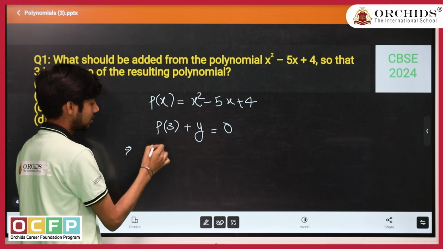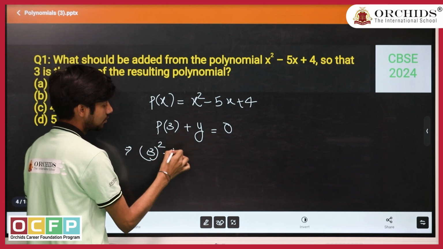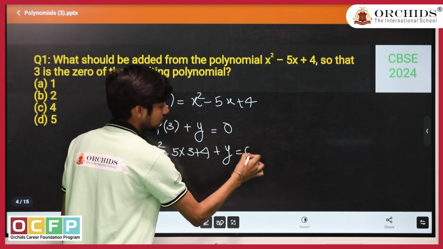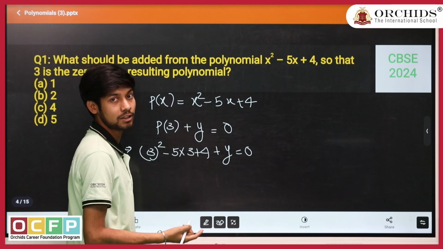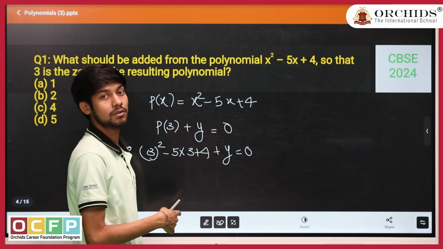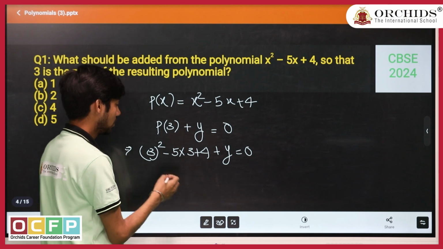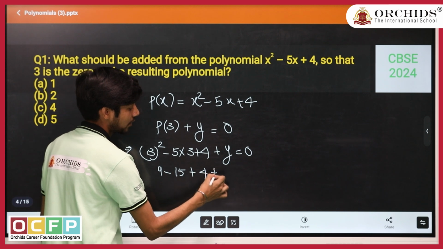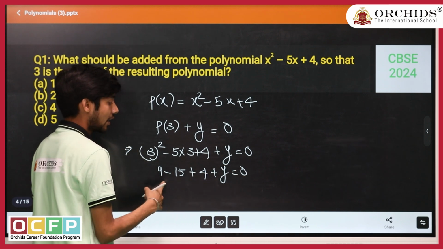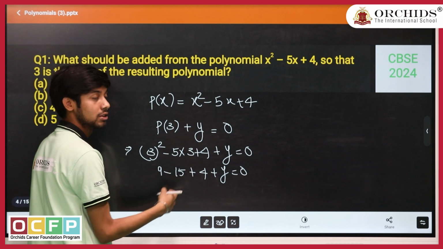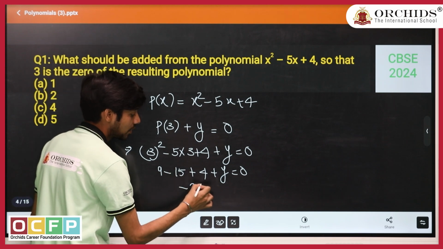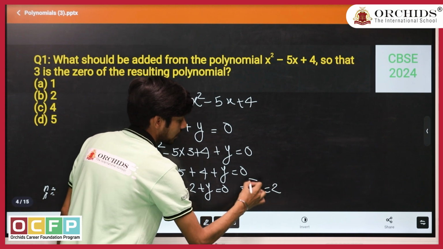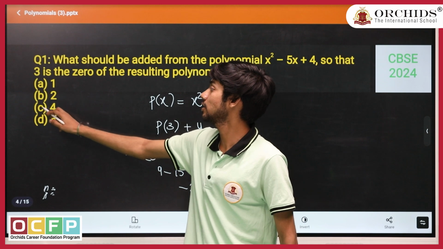It means we can write 3 square minus 5 into 3 plus 4 plus y equal to 0, and here y is the number that we are adding to the polynomial to make 3 a zero of this polynomial. 3 square, that is 9, 5 into 3 is 15, plus 4 plus y equal to 0. 9 minus 15 plus 4, if we simplify it, we will get minus 2 plus y equal to 0. So we can say y equals 2, and if we go with the options, that is 2.